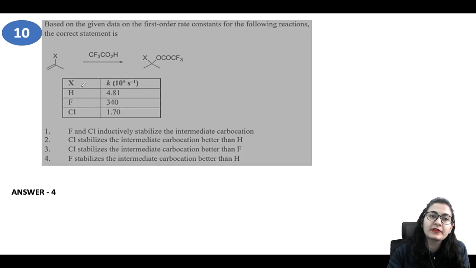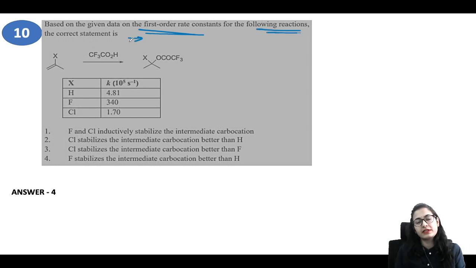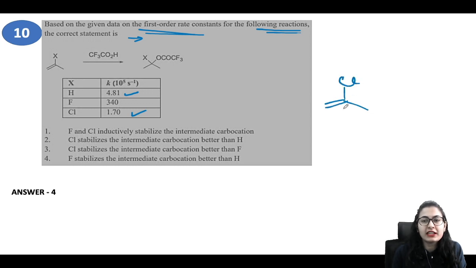Very simple. Next question. Based on the given data on the first order rate constant for the following reaction, the correct statement is. Now see this, guys. The data is already given to you. That is, if X is a hydrogen, the rate of reaction is around 4.81. For chlorine, it is lower. तो usually हमें ये expectation होती है that if there is a chlorine over here, it is going to favor the reaction because it is adding in the Markovnikov way.